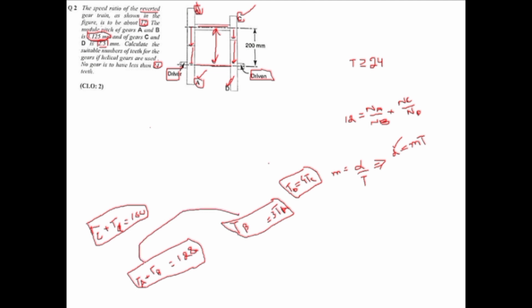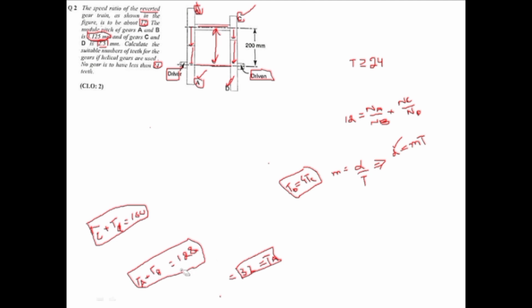Now put the value of Tb over here in this equation. So you will get Ta plus 3Ta is equal to 128. Ta plus 3Ta will give you 4 Ta, and when you divide this 4 on both sides, you will get Ta is equal to 32.